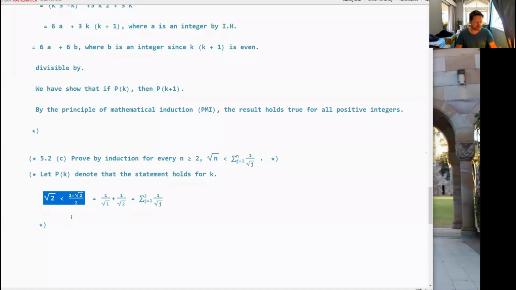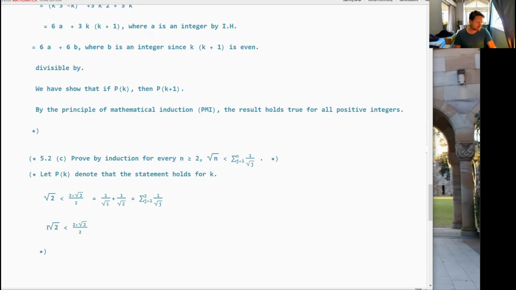You can just punch it into the calculator and see that it's true, but that's a little dodgy. Instead, what you probably want to do, because it's a little more elegant, is avoid being wrong from truncation errors just by punching it in the calculator if they happen to be close.